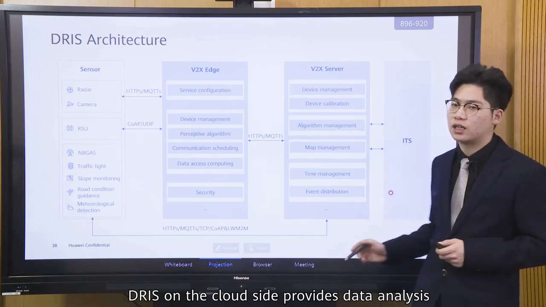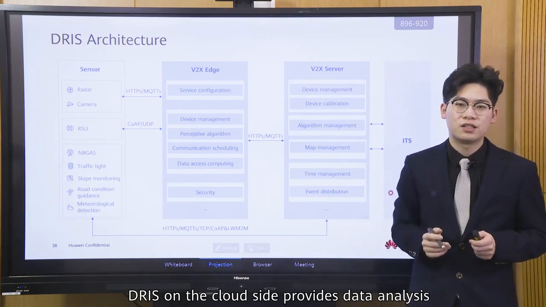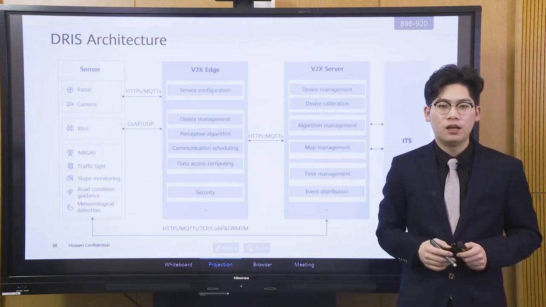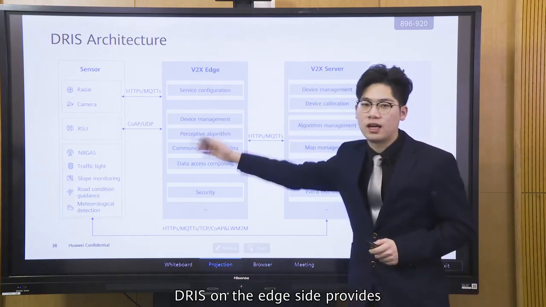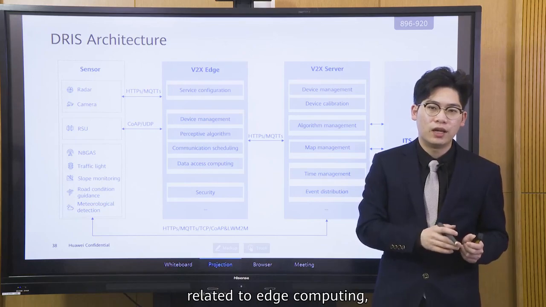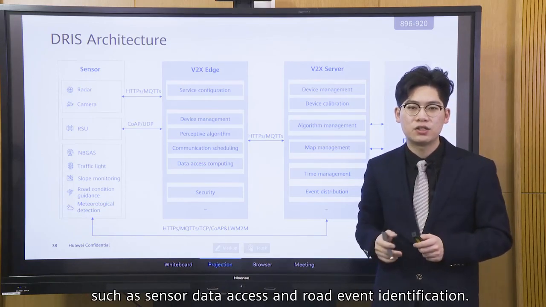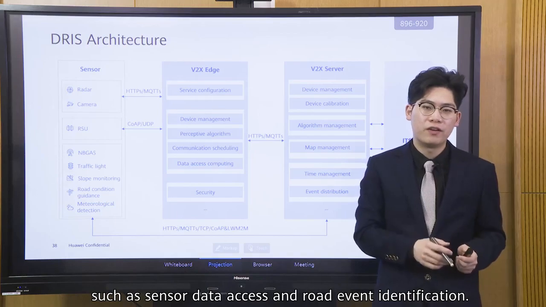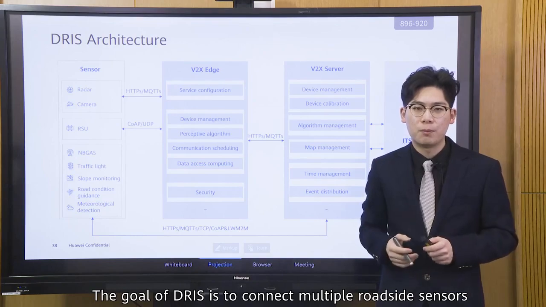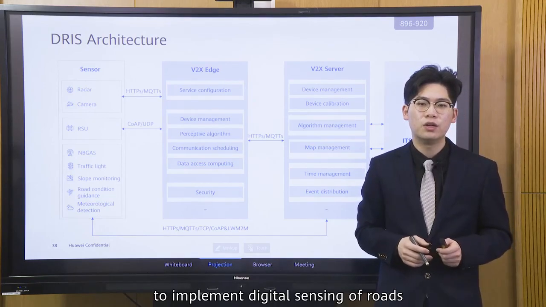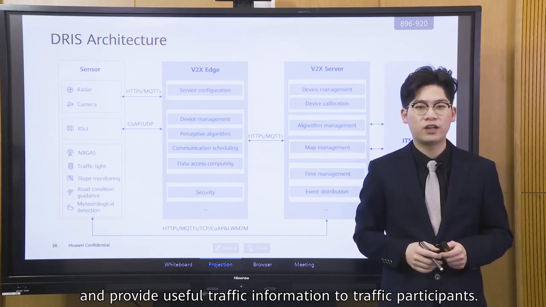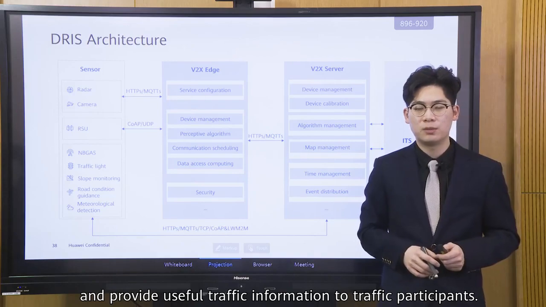DRRS on the cloud side provides data analysis and collaboration with the edge side on the cloud platform. DRRS on the edge side provides real-time service processing capabilities related to edge computing, such as sensor data access and road event identification. The goal of DRRS is to connect multiple roadside sensors to implement digital sensing of roads and provide useful traffic information to traffic participants.